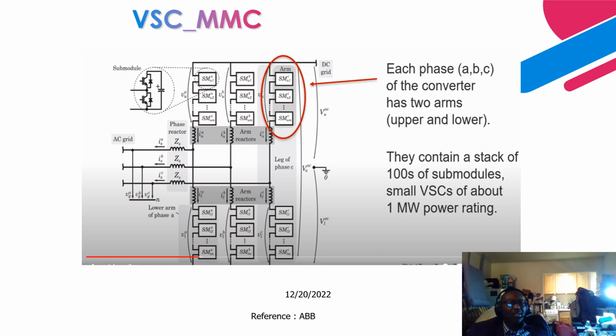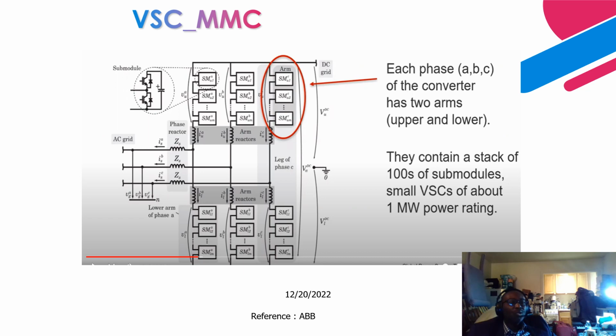Right on top is the MMC. The converter consists of many sub-modules. It can either be a half-bridge sub-module or a full-bridge sub-module, connected in series. You can have hundreds, 200s, 300s, thousands of these.